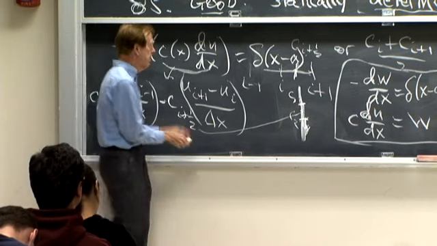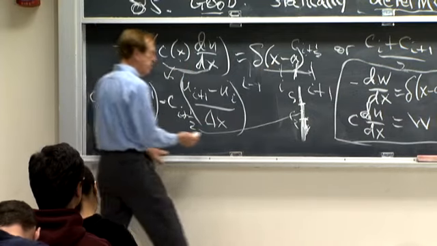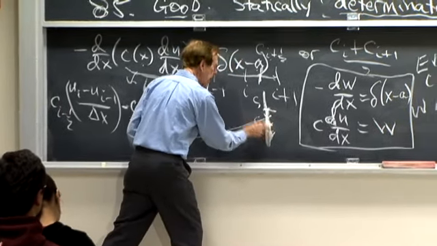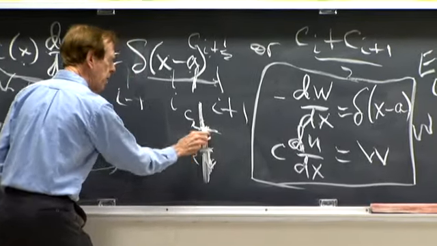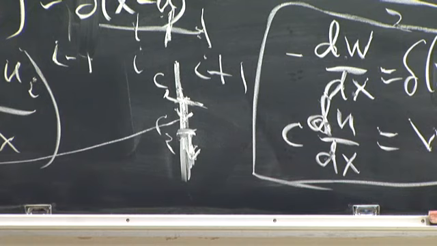Suppose a was the place where this jumped, and the point load was here. Well, we'll be able to do that. I'm putting the point load at the place where the copper and the steel meet. Is W continuous?